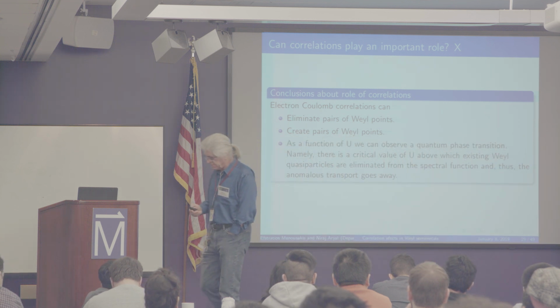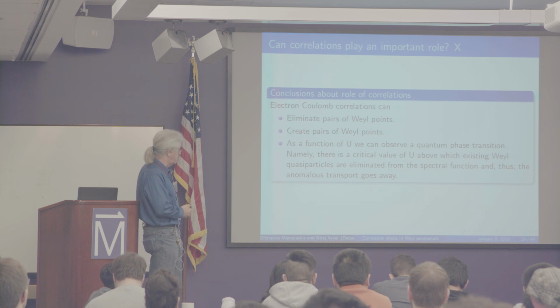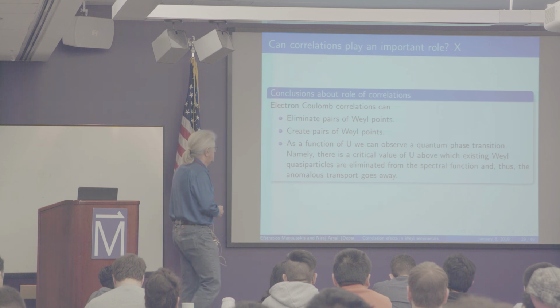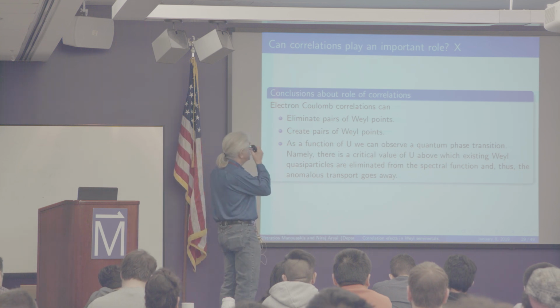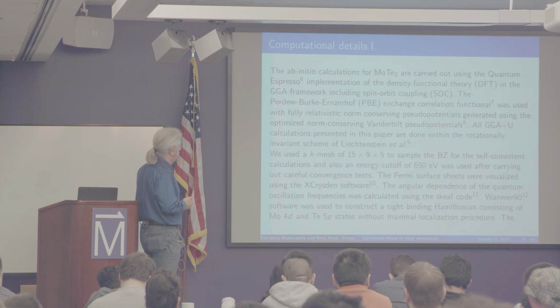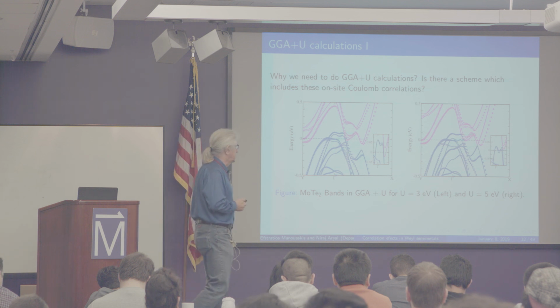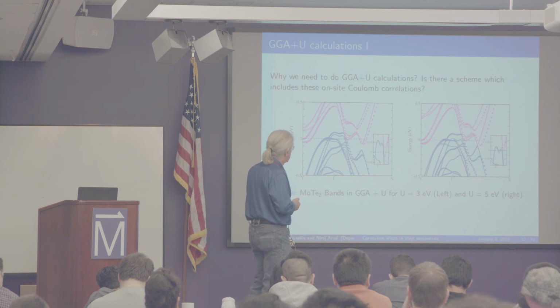So that's the danger of correlations. And the fact that we don't agree with the experiments puts this whole thing into some sort of doubt. This was raised by us with these experiments done here, and that's why we did the GGA+U, to see if at least the Weyl points are safe.